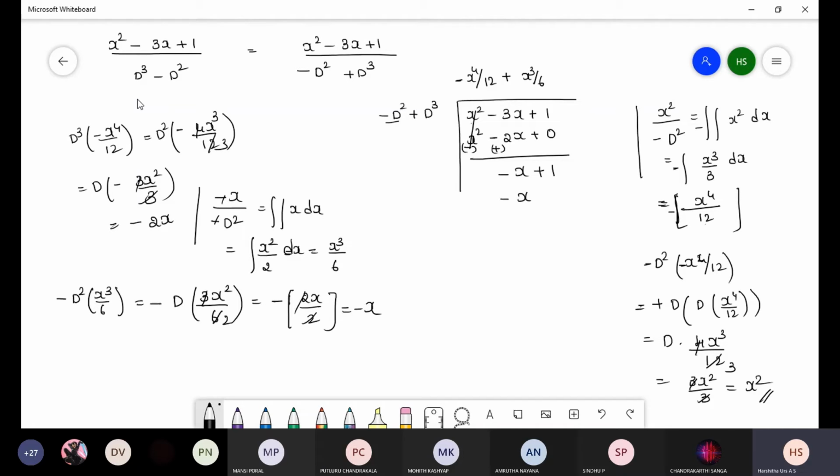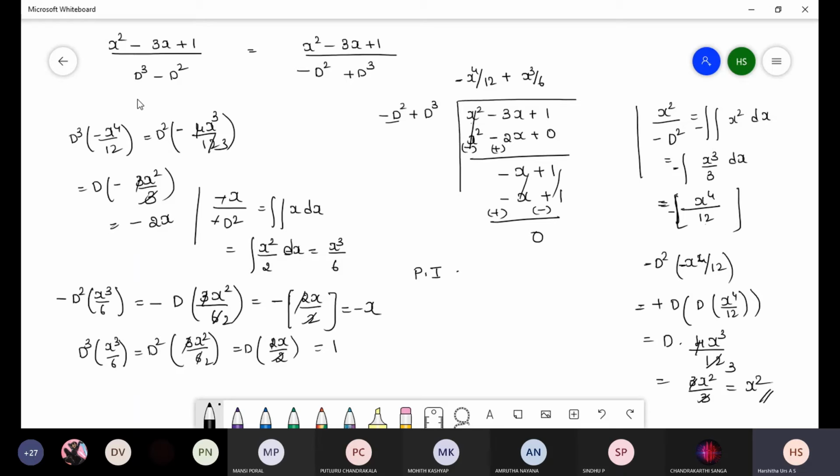Next D cube of x cube by 6. So D square of first differentiation 3x square divided by 6, 3 ones are 3, twos are. Second differentiation of x square is 2x. Third differentiation of x is 1. So here I write plus 1. Change the sign, here plus, here minus. So we get 0.